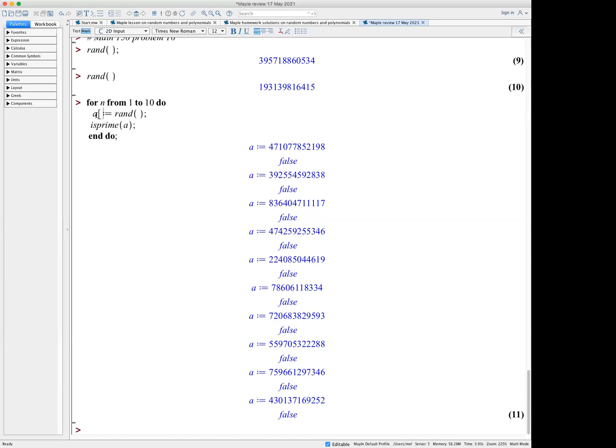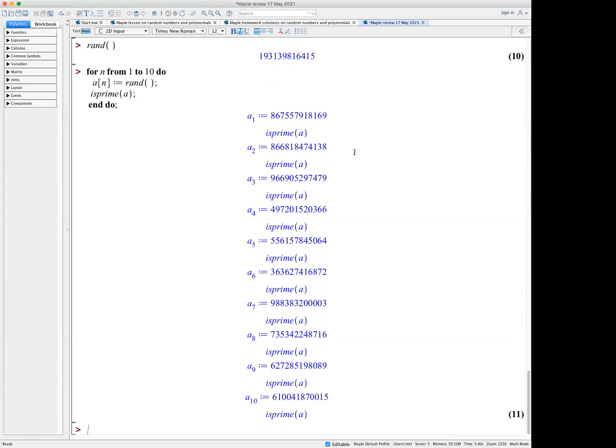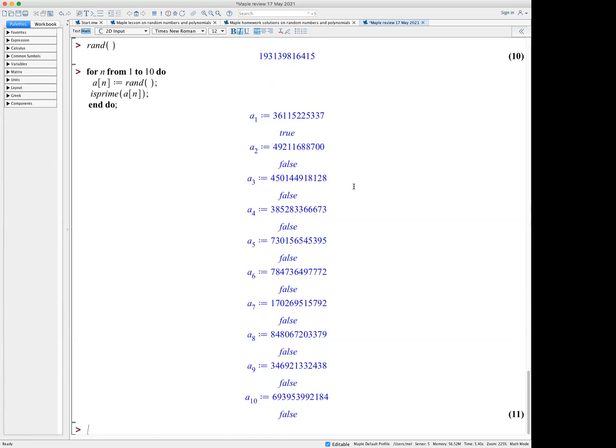Let's see if this works. Yep. This time I actually got a prime. The first one that was generated happened to be a prime, but the other 9 are not.